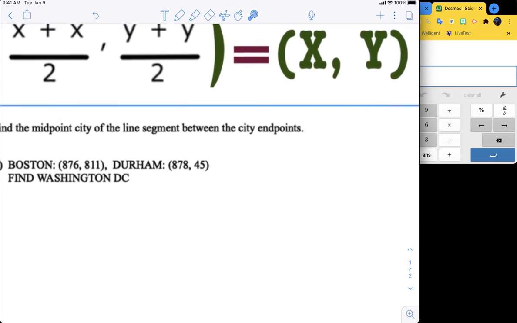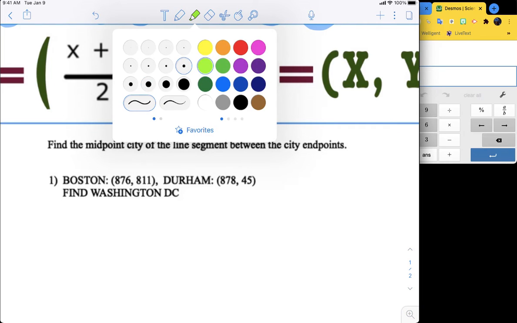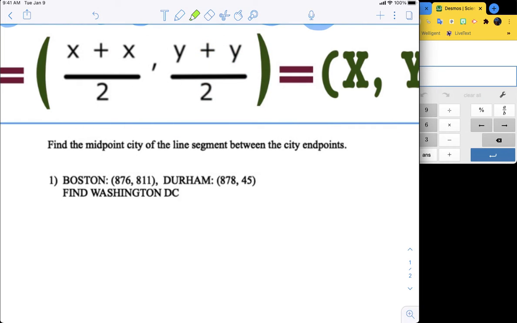So the instructions always, like we said, we always read the instructions first. These instructions say find the midpoint city of the line segment between the city endpoints.